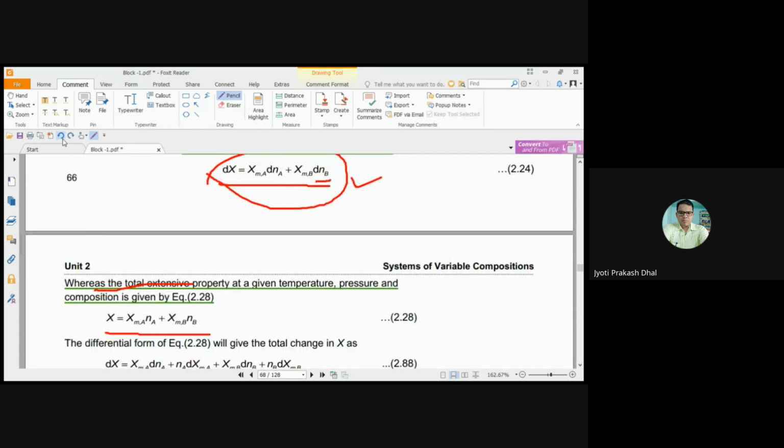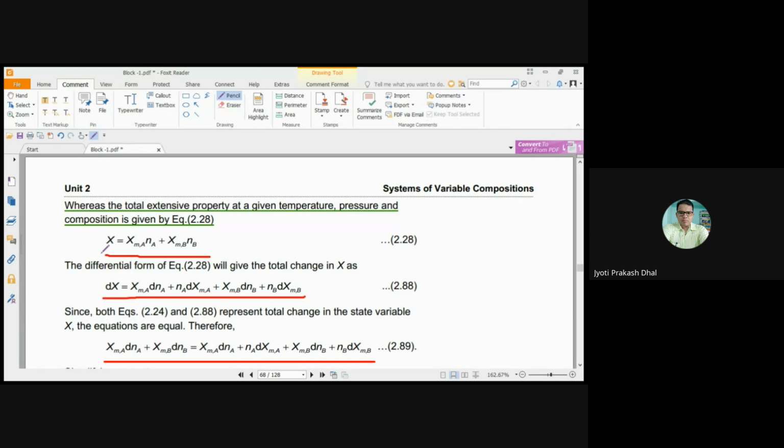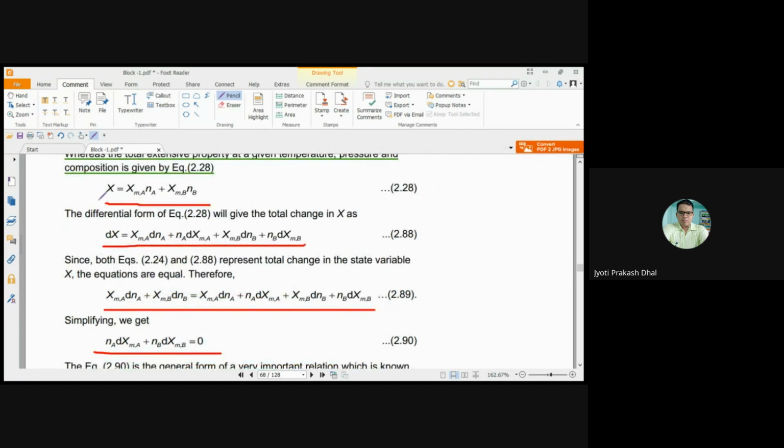Now, if we consider the total value of the extensive property at constant temperature and constant pressure, we can take the integration of this equation 2.24, and taking the integration we can write X equals X_MA nA plus X_MB nB. X_MA means the partial molar value of A, and nA is the number of moles of A. X_MB is the partial molar extensive property of B, and nB is the number of moles of B.